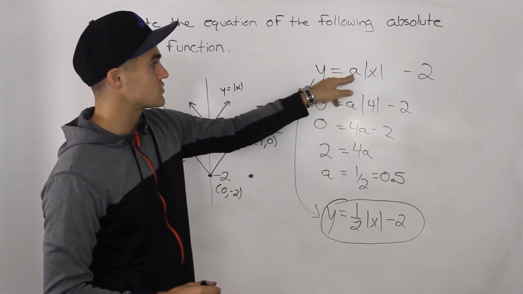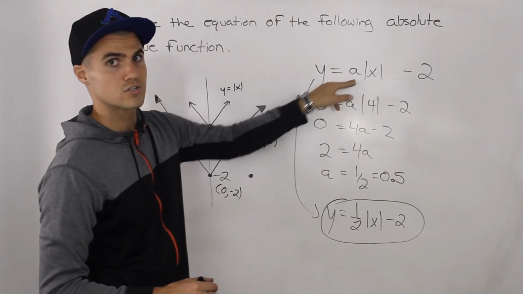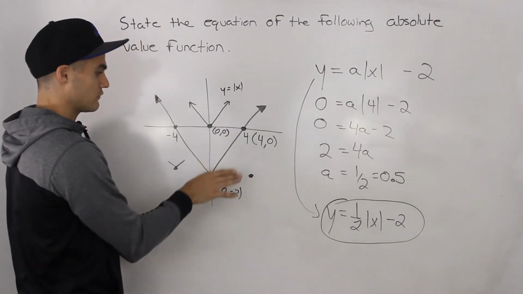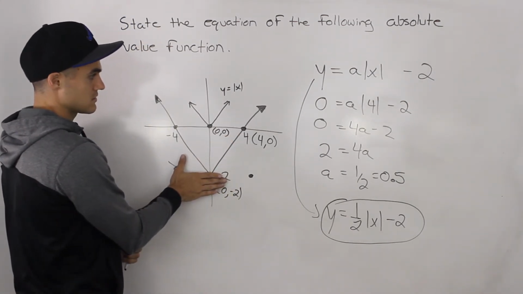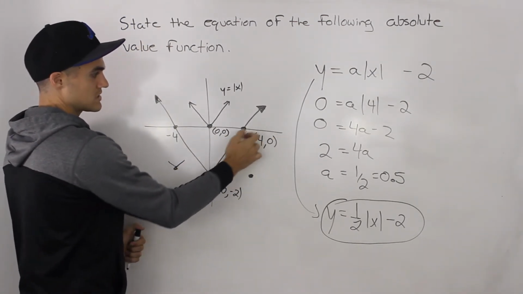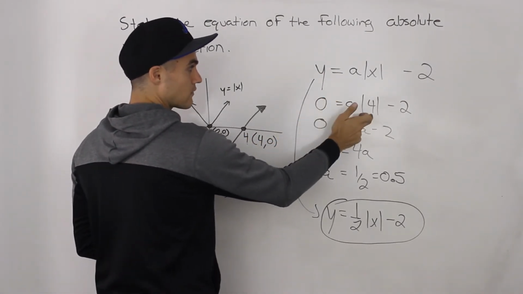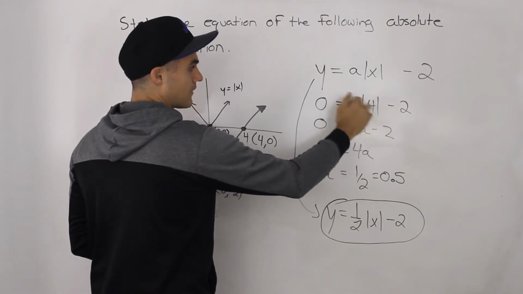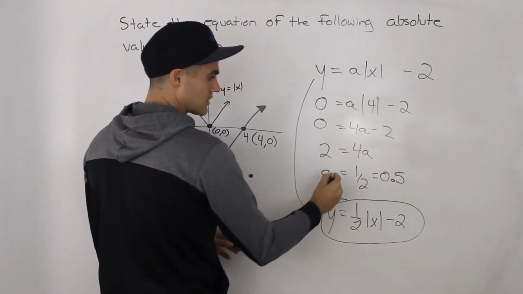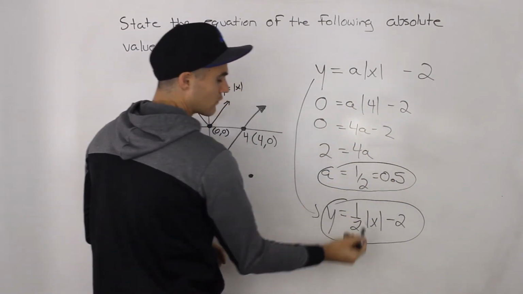And then all you have to do is solve for that stretch. The way you can do that is you could take any point on the function other than the vertex, plug it in. So in this case, we use 4 and 0, 0 for the y, 4 for the x. And then we solve for that a value here. And then we got our final equation.